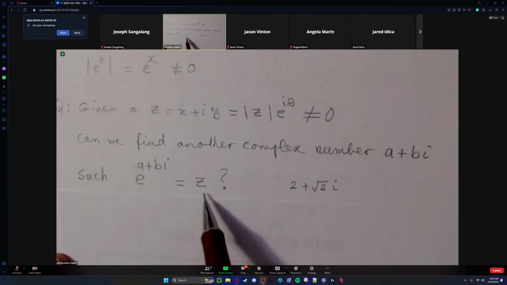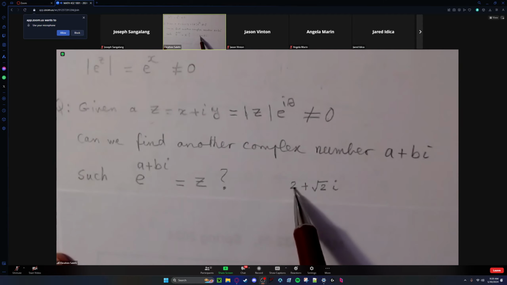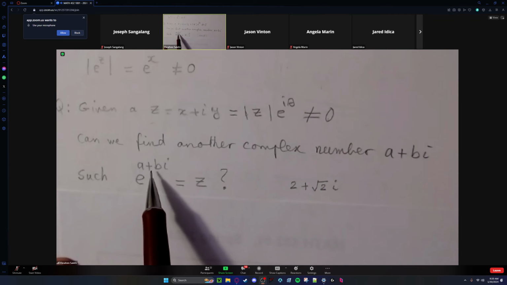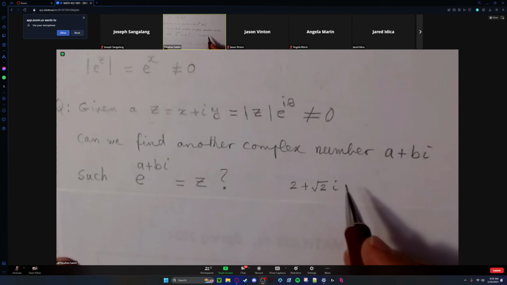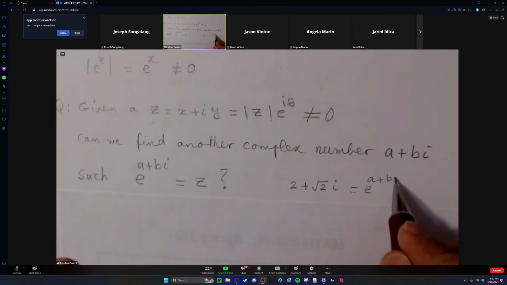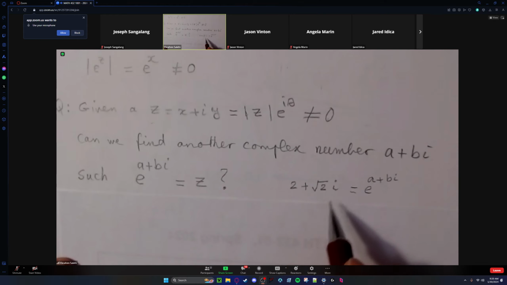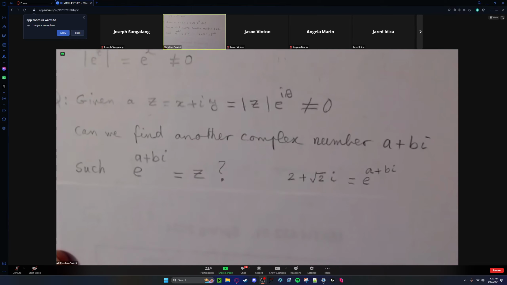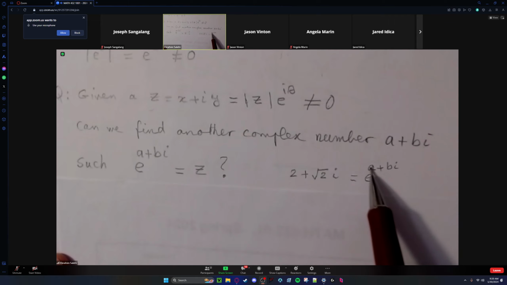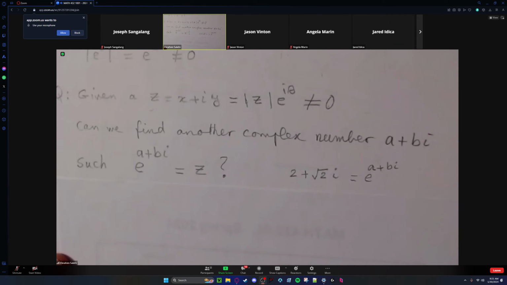Given z, for example 2 plus square root of 2 i, can we find a complex number a plus bi so that the exponential is equal to 2 plus square root of 2 i? That's the question. If there is such a thing, we want to find this a and b.